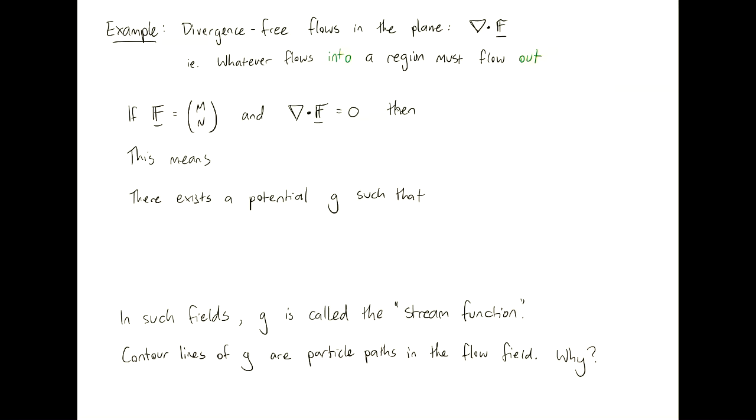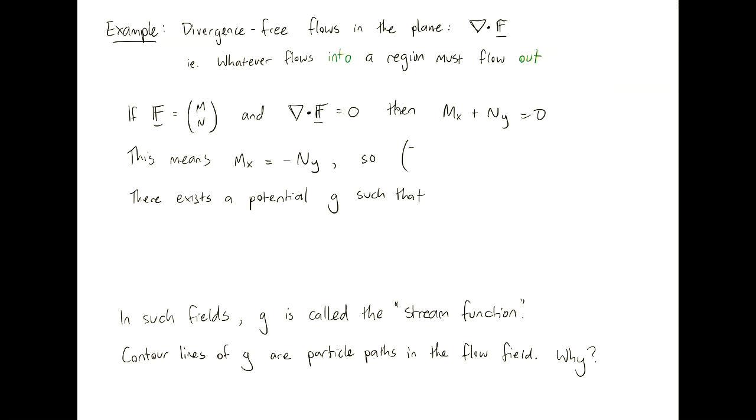So we have our vector field f, and we know the divergence is 0, which means that mx plus ny is equal to 0, which means that mx is equal to my minus ny. So there is a conservative vector field here, but it's not f.